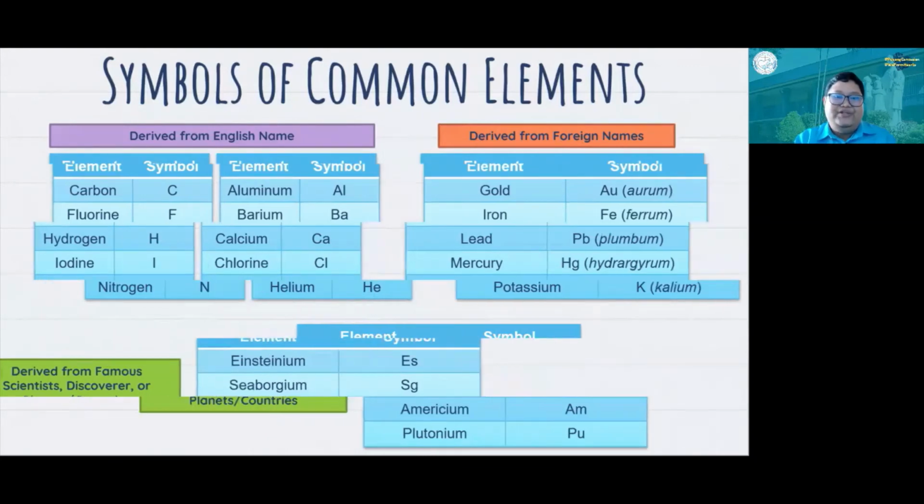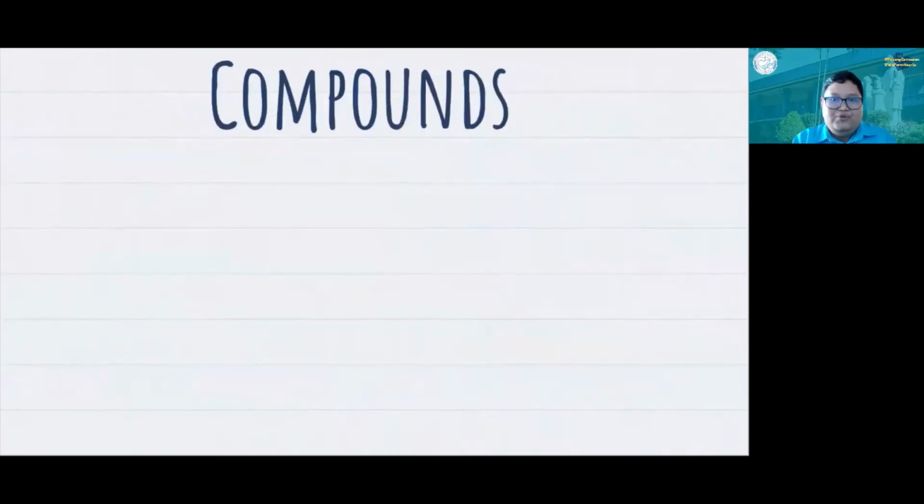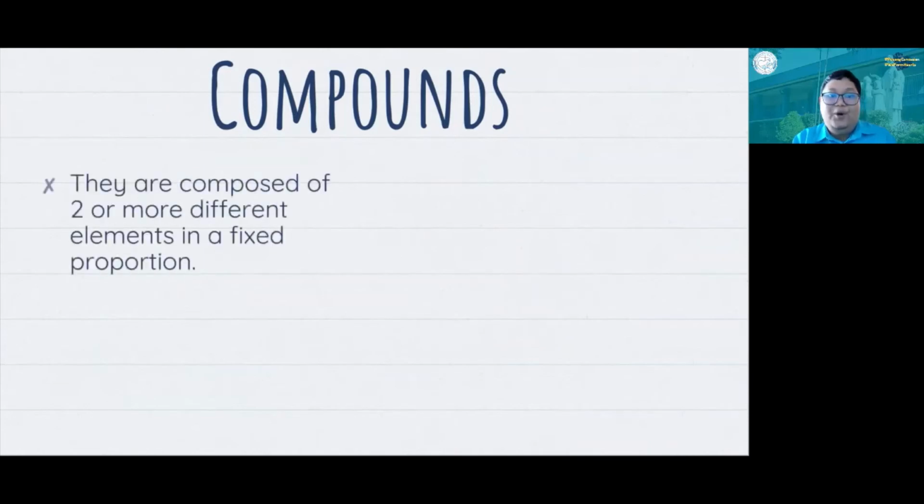Now, let us proceed to compounds. So what is the difference between compounds and elements? If elements are the simplest form of pure substances, compounds, on the other hand, are composed of two or more different elements in a fixed proportion.